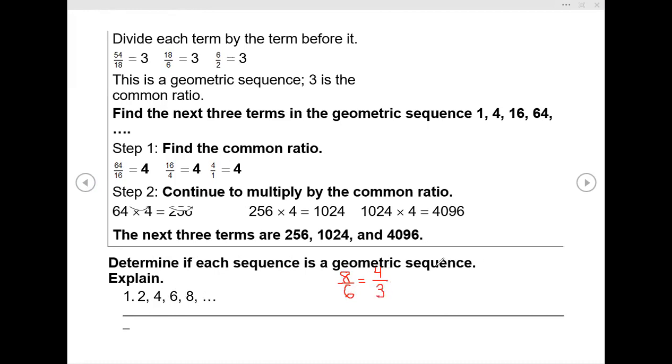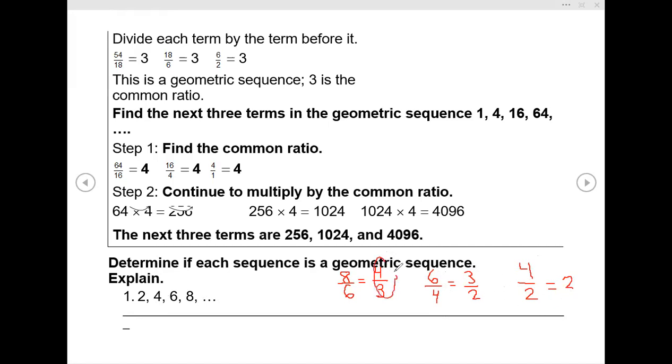6 divided by 4 is 3 over 2. 4 divided by 2 is equal to 2. Do you notice whether we have a common ratio or not?